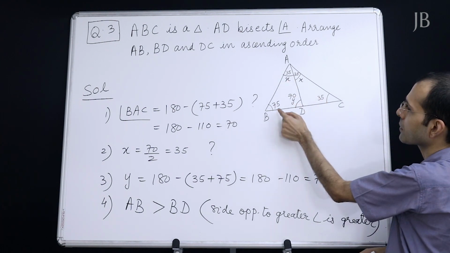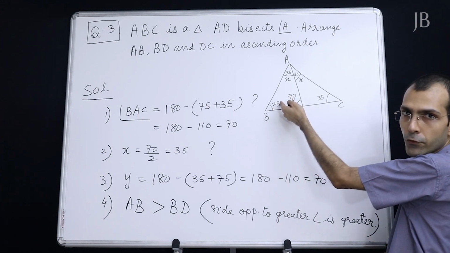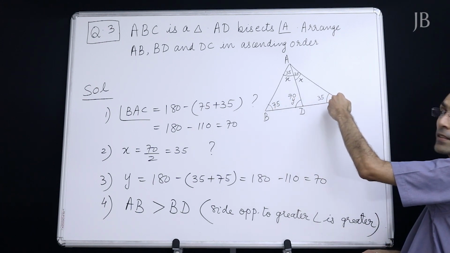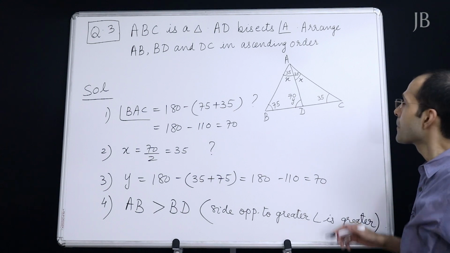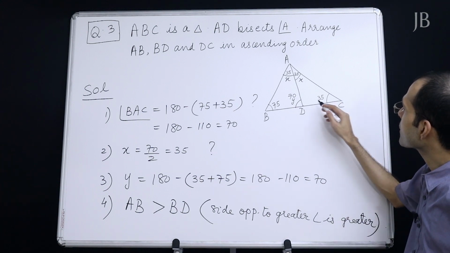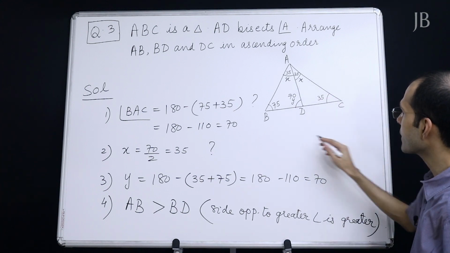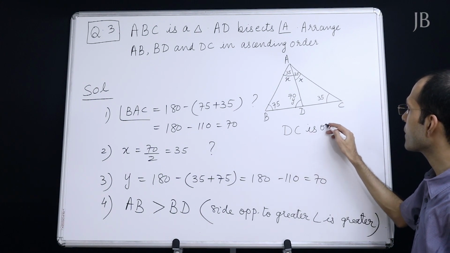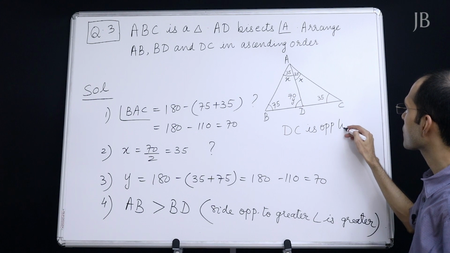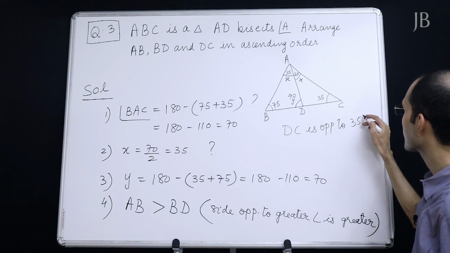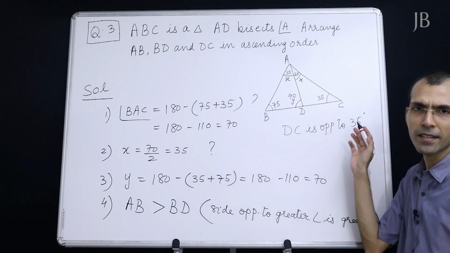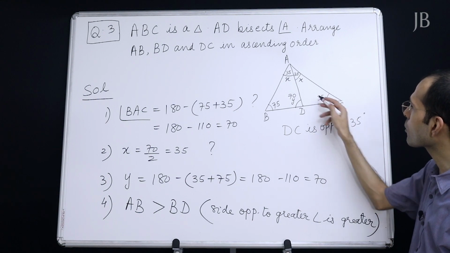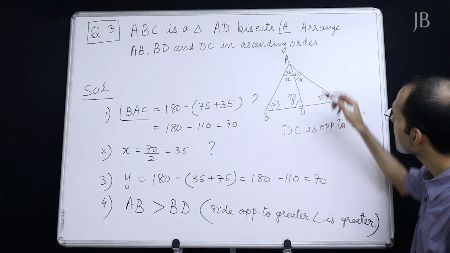Otherwise you cannot take the angles of this triangle and comment on the length of the sides of this triangle. Now DC is opposite to 35 degrees. So I will just write for your understanding here. DC is opposite to 35. In the exam also if you want you can write like this, no problem.